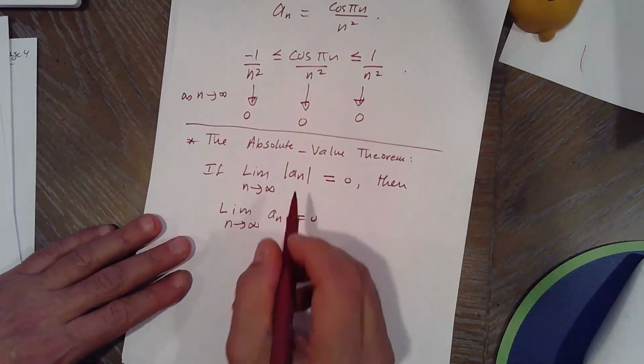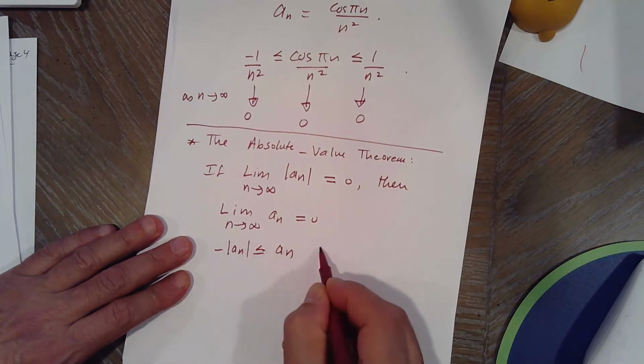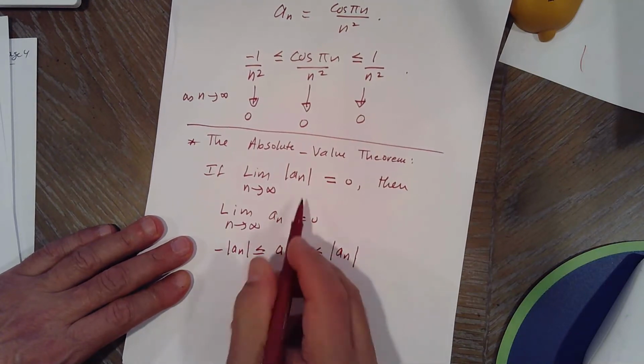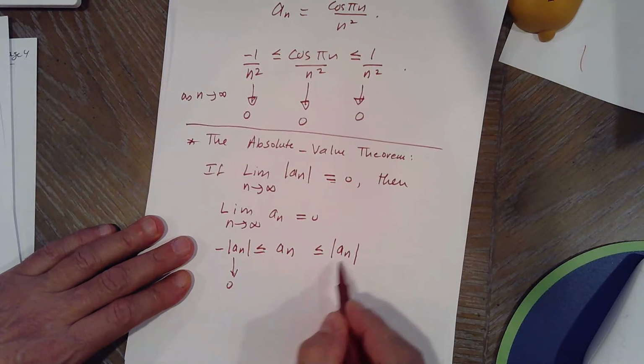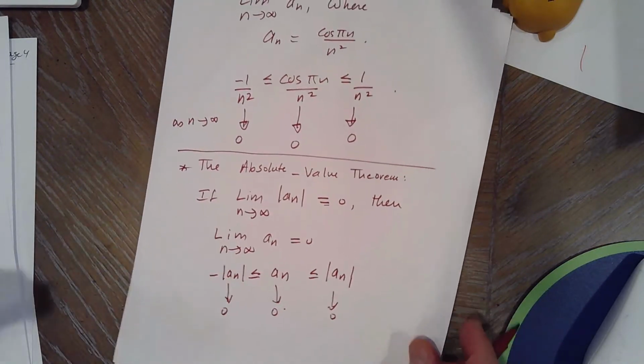Why is that? Because a_n is between negative absolute value of a_n and positive absolute value of a_n. If that goes to 0, and that goes to 0, then a_n must go to 0. Okay, very simple. Here's an example.